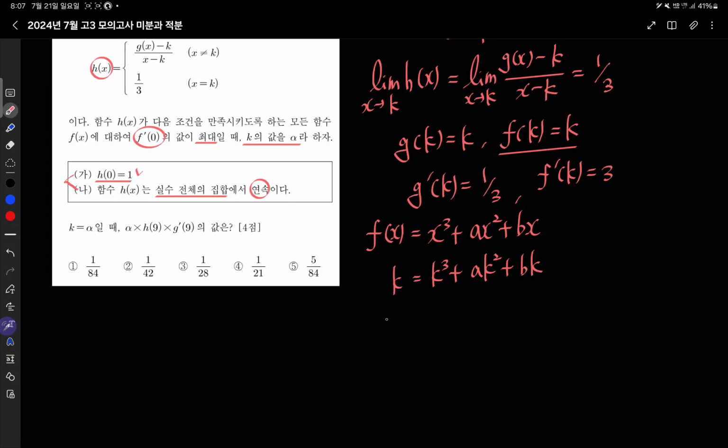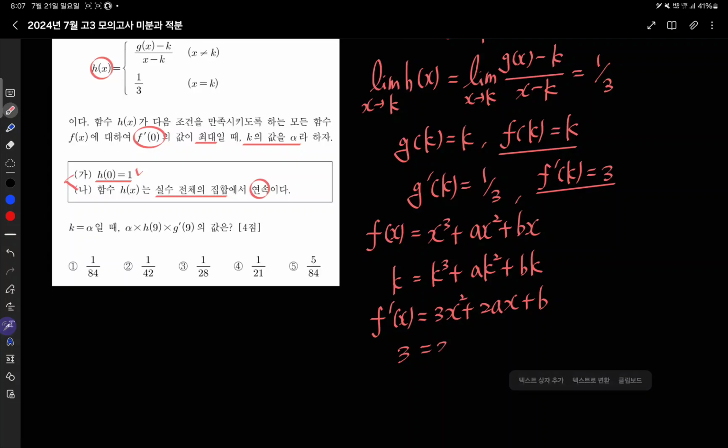And if we take the derivative, f prime of x is 3x squared plus 2ax plus b. And if we use this condition, 3 is equal to 3k squared plus 2ak plus b.